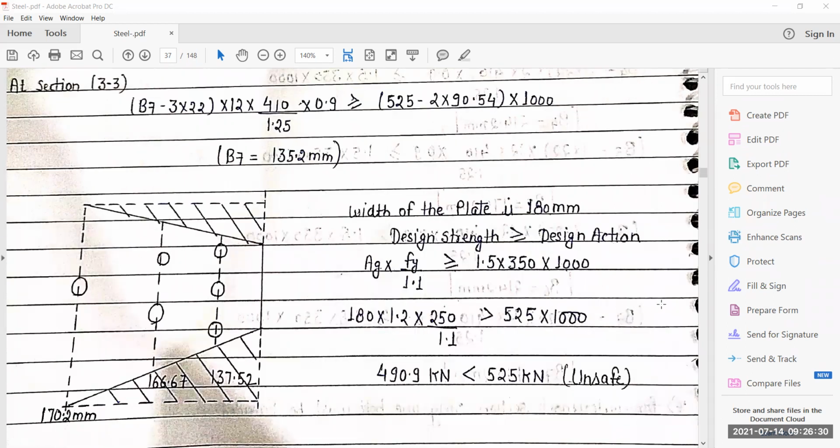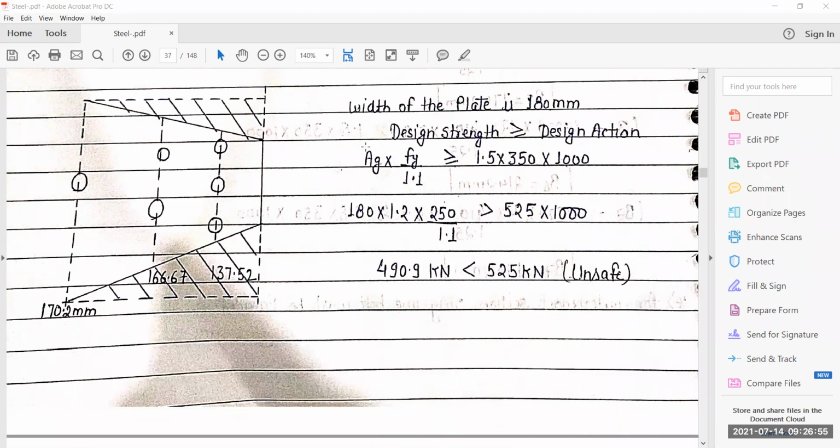Okay, the width of the plate is 180 mm. Design strength is equal to design action, Fg into Fy upon 1.1, equal to 1.5 into 350. You get the result 490.9, which is less than or equal to 525 kilonewton.